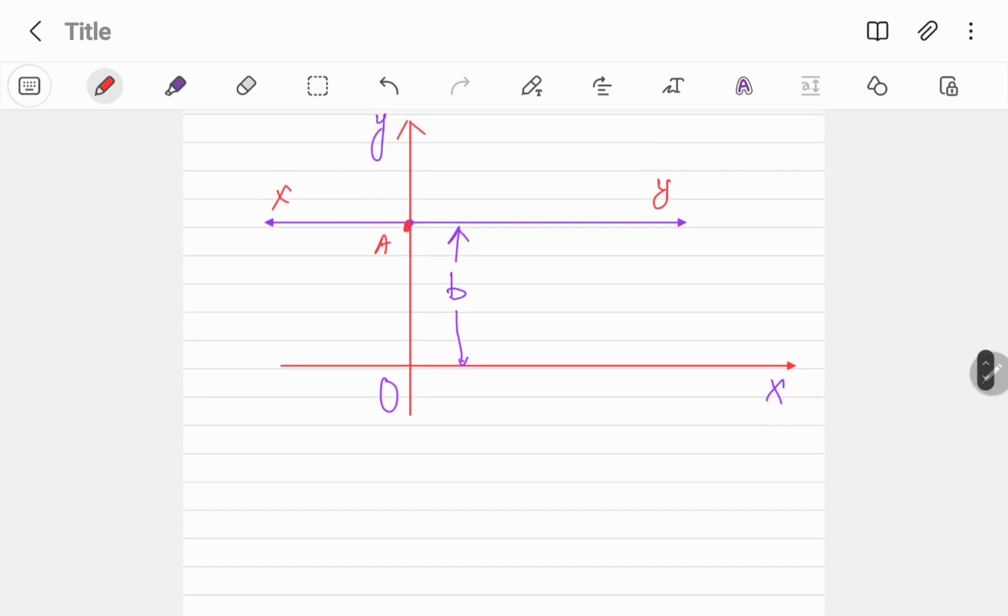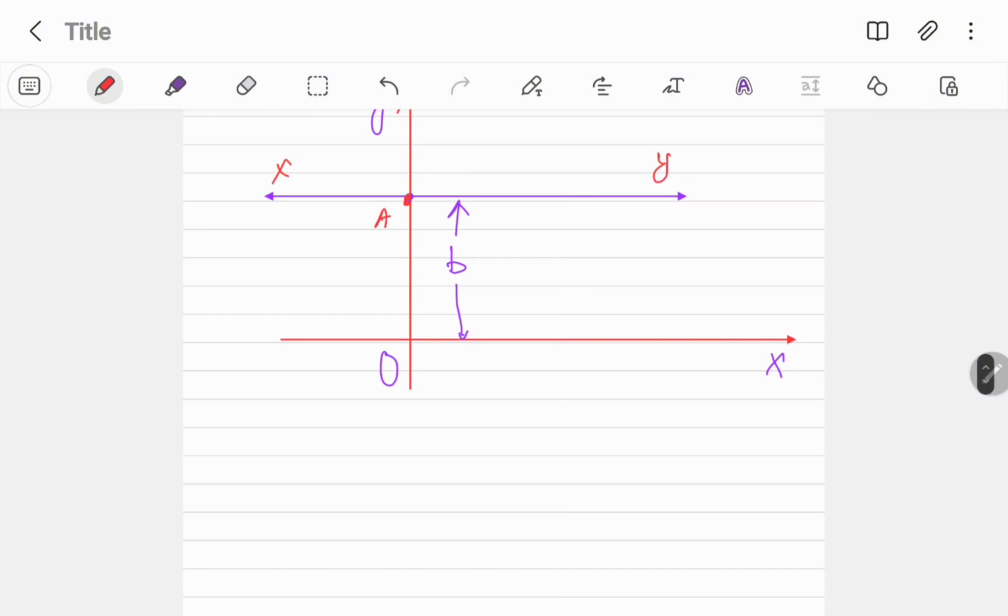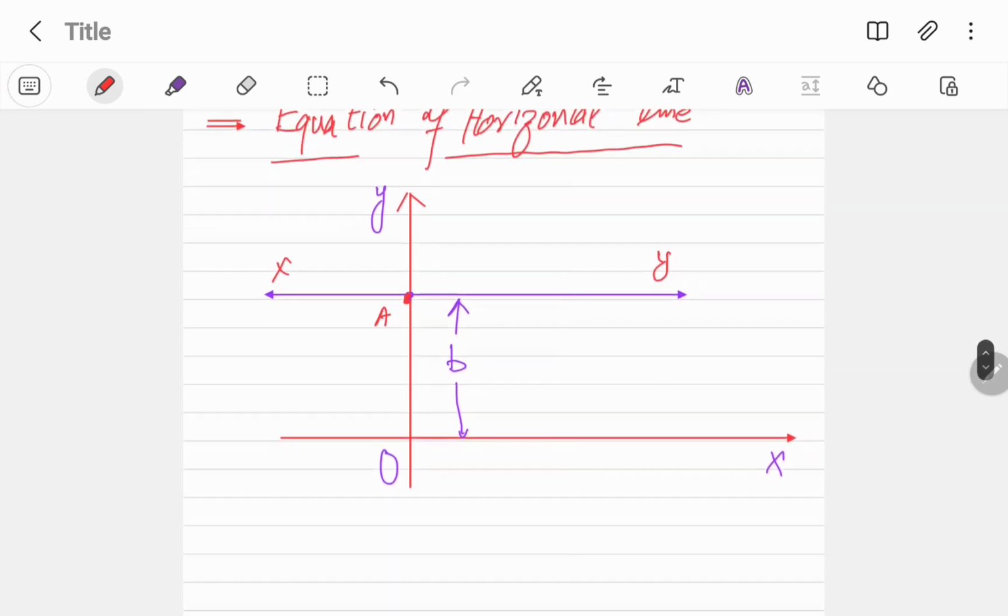So this line is parallel, it cuts on y-axis and it is parallel to x-axis. We call this line horizontal line.